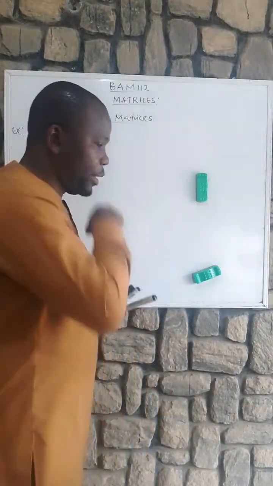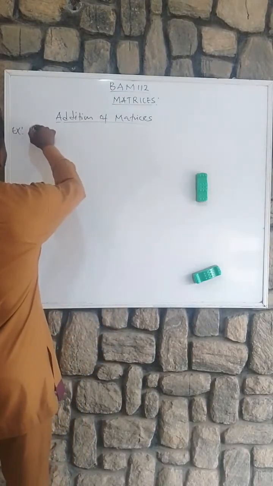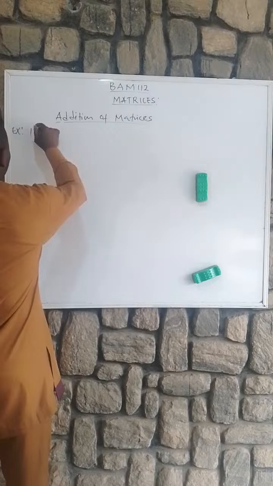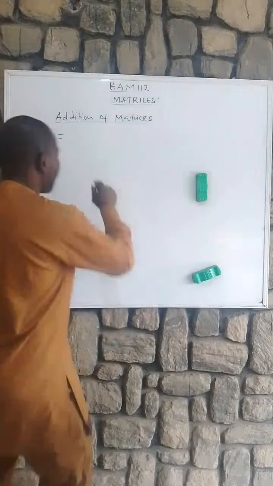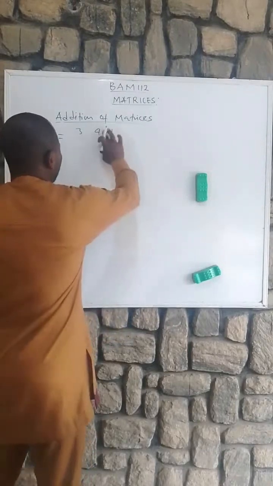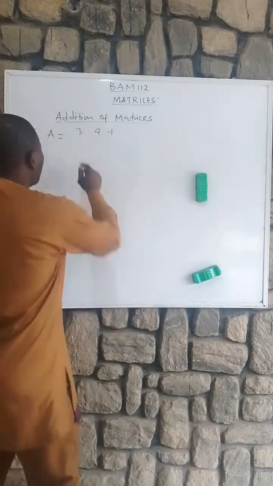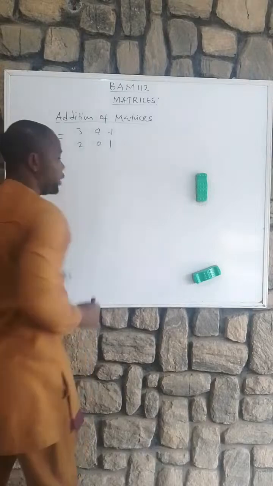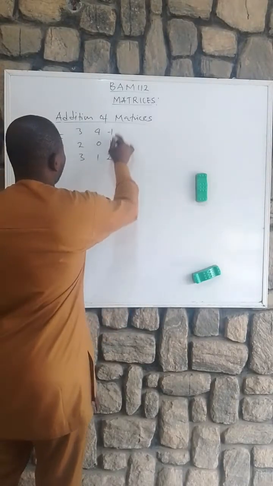Okay, so let's consider another example again. A 3 by 3 matrix. If matrix A is equal to 3, 4, minus 1, and 2, 0, 1, and 3, 1, 2.